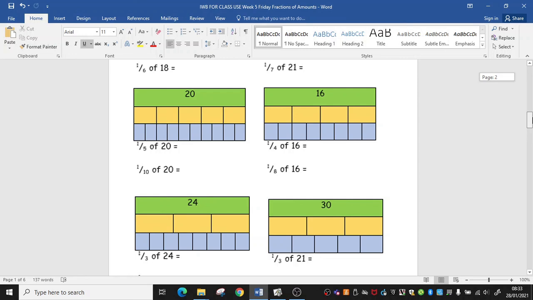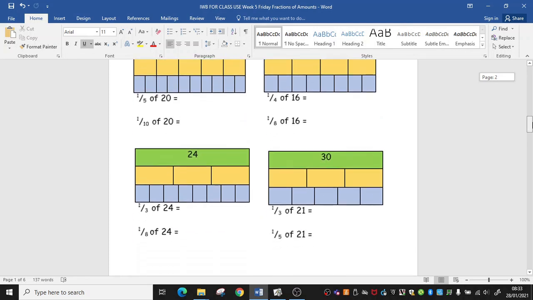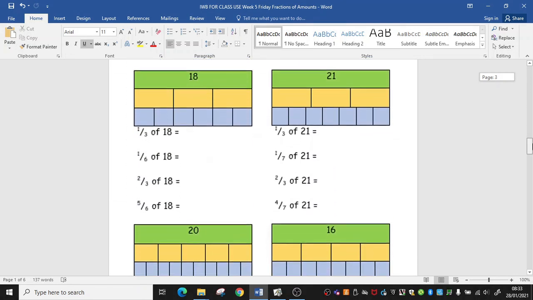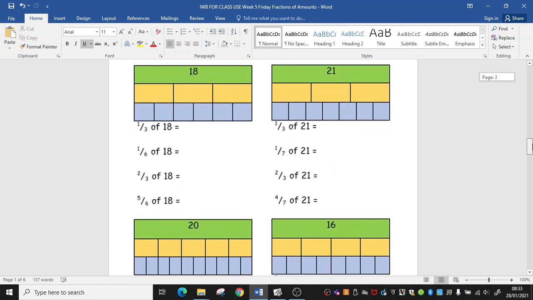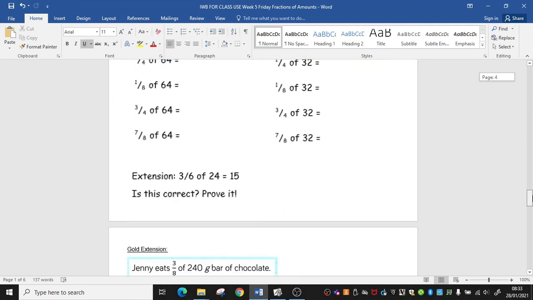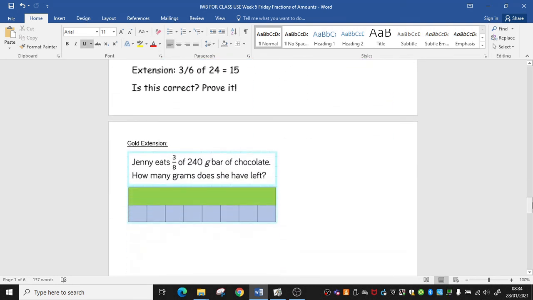And you can see we're only worrying about finding 1/10 or 1/8 or 1/4 of something. Okay, these are what we call unit fractions. 1 unit. Silver then, you're very much going to be finding 2/3 as well as a third, 4/7 as well as 1/7. And gold have got similar problems, but there's a couple of extensions as well.